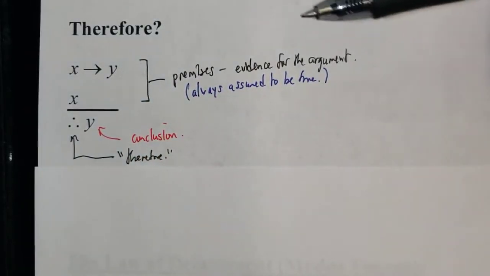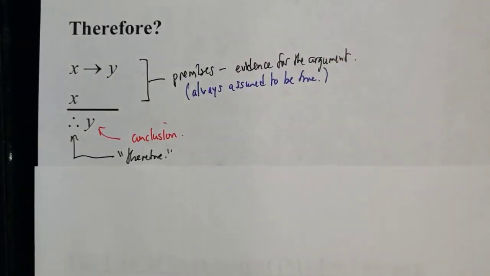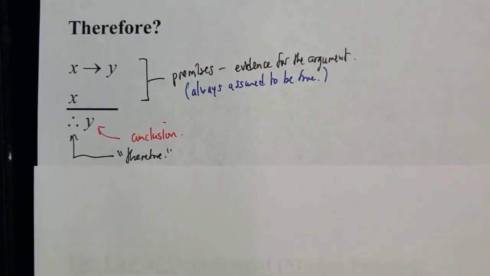So in this case, we're saying if X implies Y, and X, therefore Y is true. Our arguments are going to take on this form. This is a very simple argument, and as the arguments get more complex, we'll have more premises, and we can eventually get to another conclusion. But this is the general idea behind how an argument is going to work.